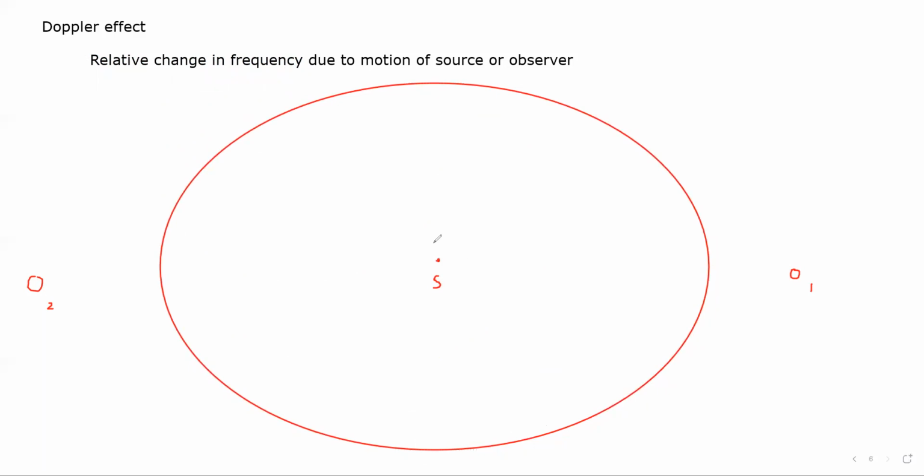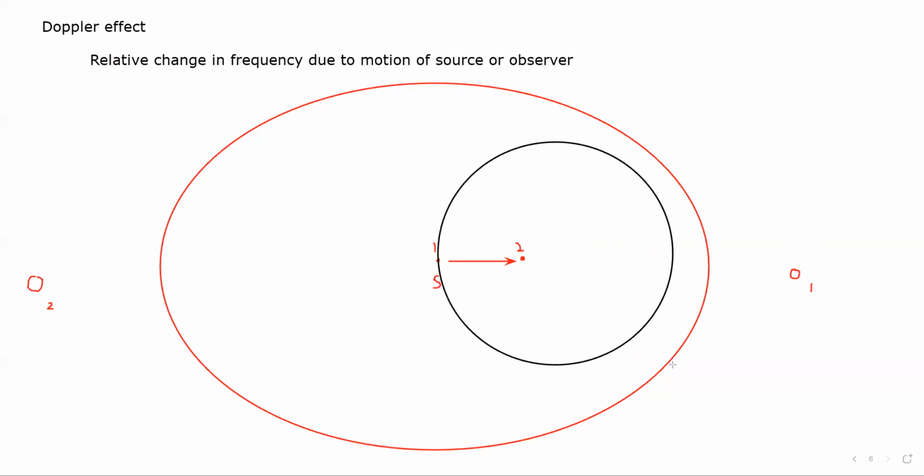Now the source starts to move towards observer 1 and away from observer 2. At the second position it will produce another wave, and the center of the second wave will be point 2.